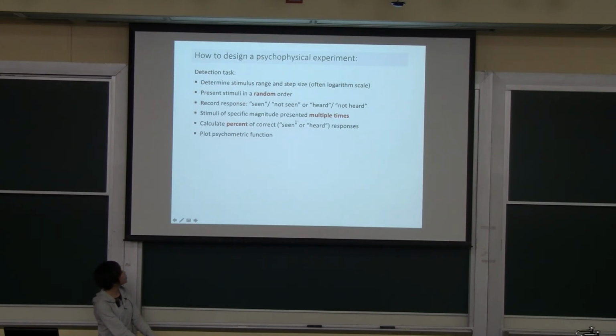Each stimulus has to be presented multiple times, so you can calculate the percentage of correct responses. Those are some key points if you are asked to design an experiment of either detecting or discriminating something. Okay.